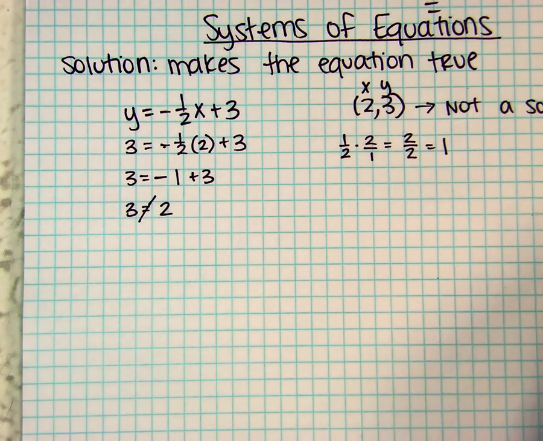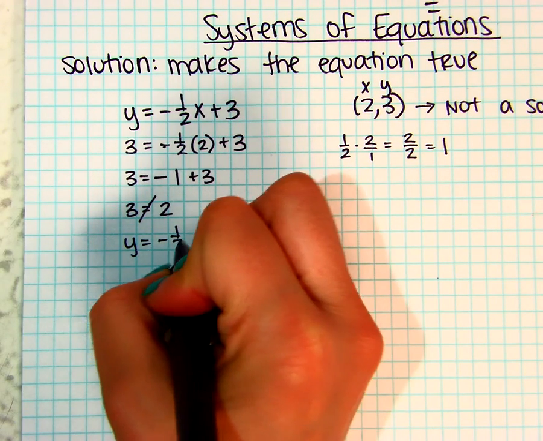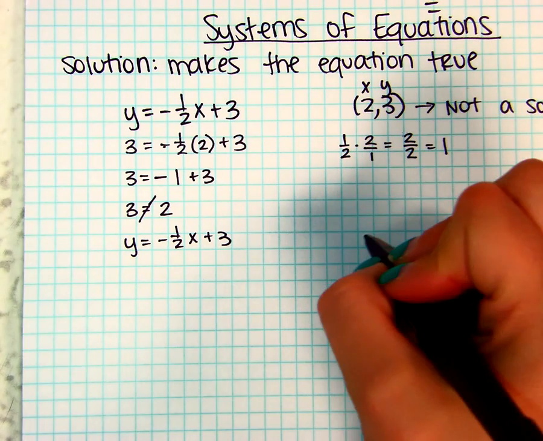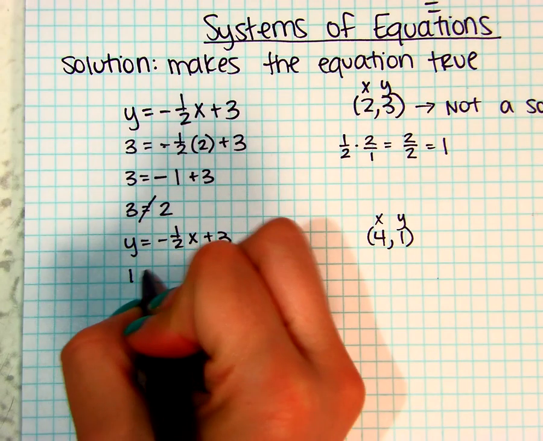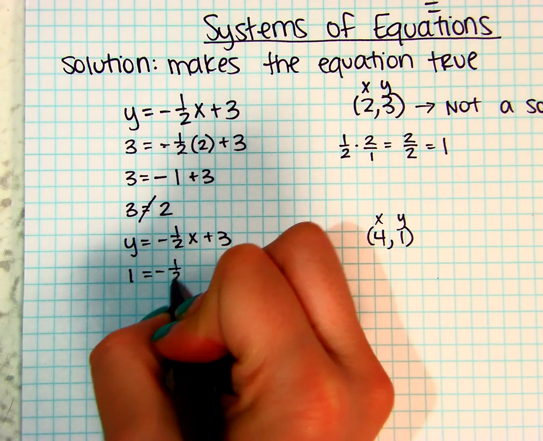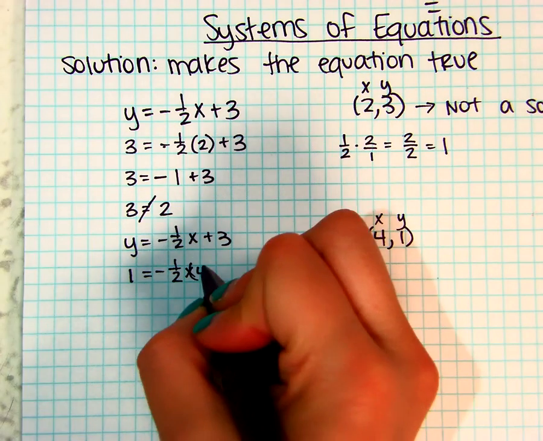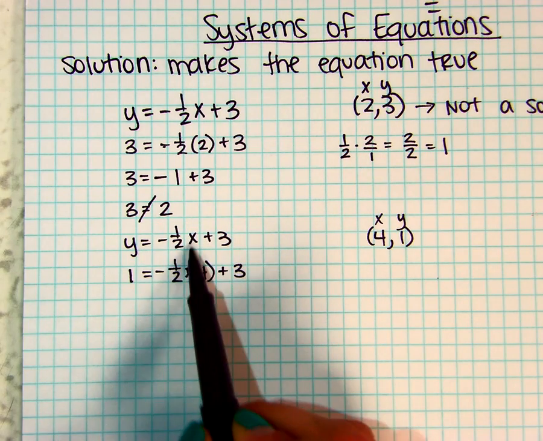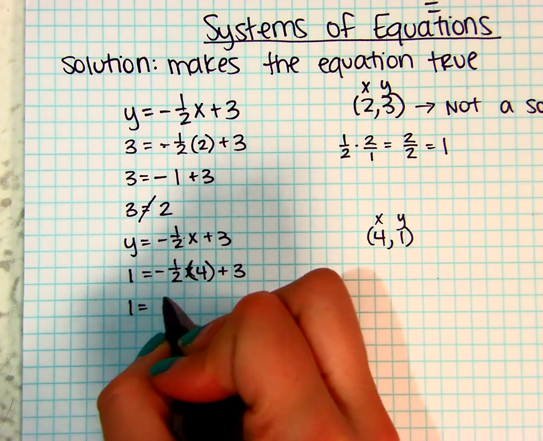What about the point (4, 1)? Let's try that. Y is 1. Oh, sorry, x. We're plugging in 4. This is multiplying because there's no sign between them. A negative times a positive is negative.